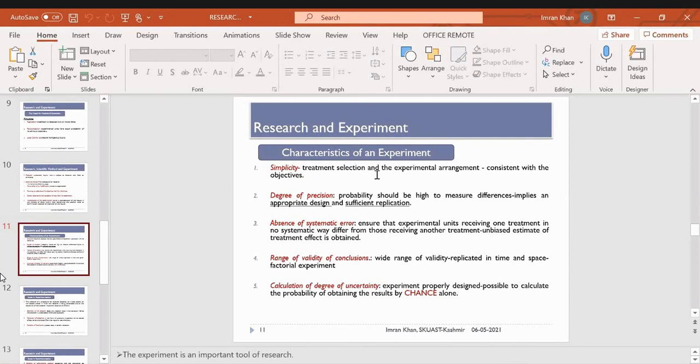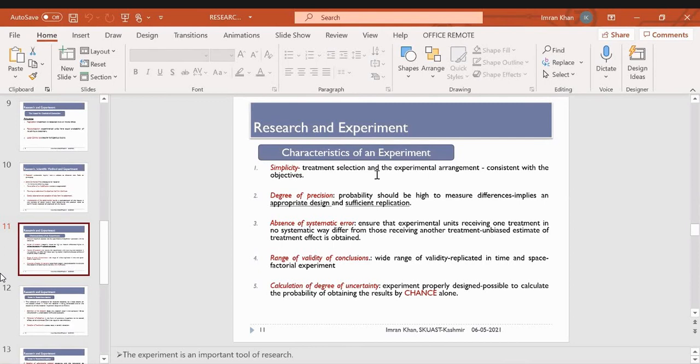Then the fourth characteristic of a good experiment is a range of validity of conclusions. By validity, we mean that the results and conclusions you give should have a wide range. They should fit under many different conditions.